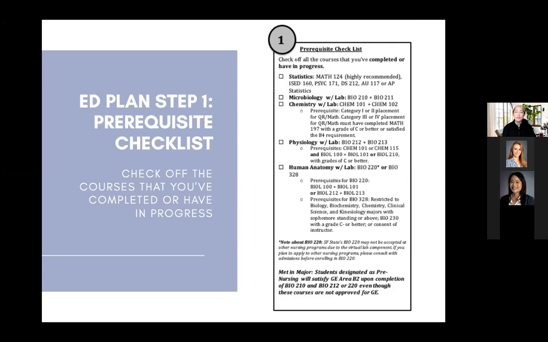Open all those documents as we go through this workshop, because in the first step you want to check off the courses that you've already completed or have currently in progress. You may have some of these courses completed already because you may have taken an AP test or a college level class while you were in high school. The degree progress report will show you whether requirements are in progress or completed.